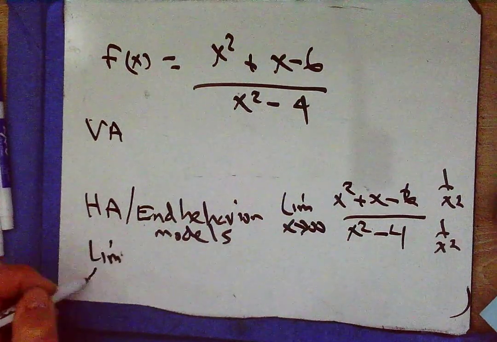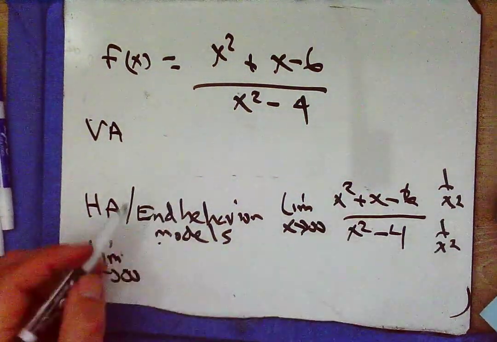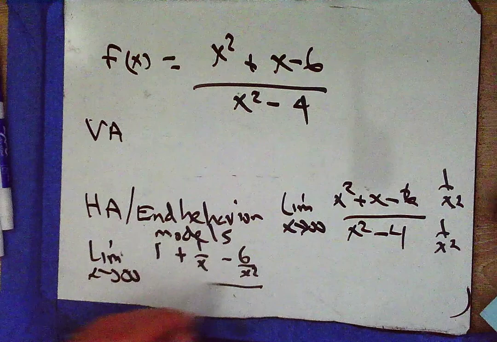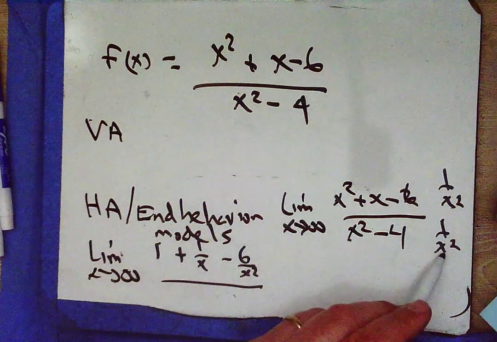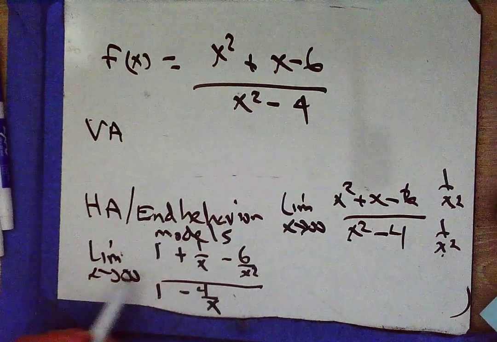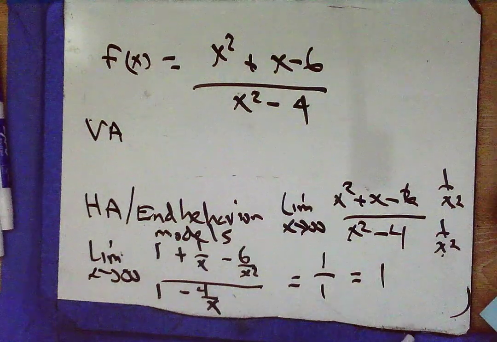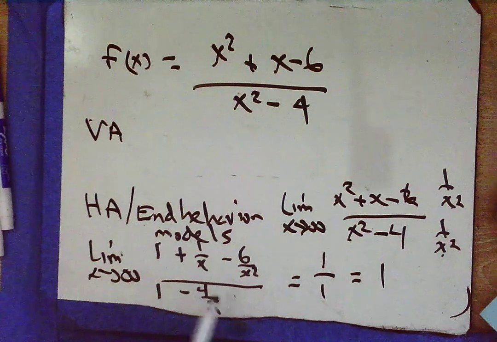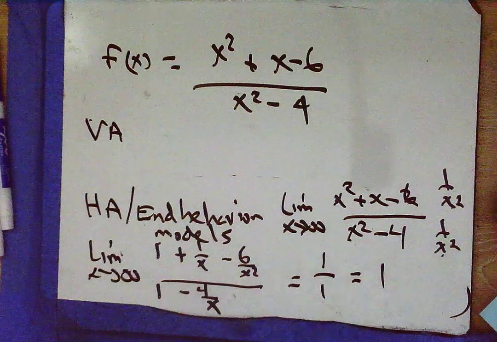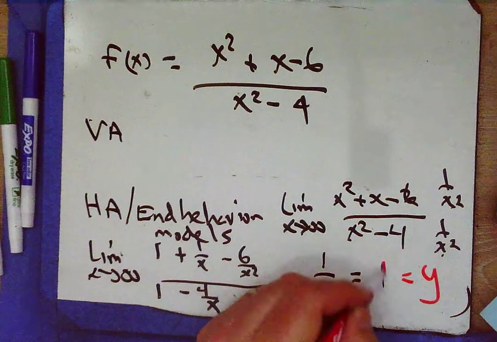Now I have the limit as x heads to infinity of 1 plus 1 over x minus 6 over x squared, over 1 minus 4 over x squared. What happens when I plug infinity in here? I get 1 over 1, which is 1. So not only is this limit equal to 1, but my end behavior model in this situation is y equals 1.